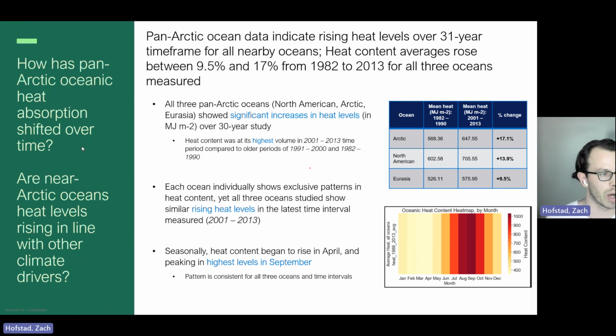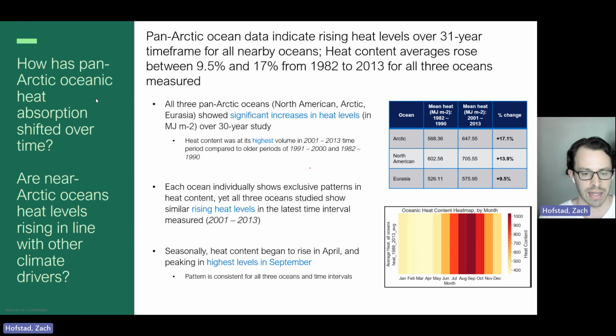We also wanted to understand how and when heat is at its highest and how the heat changes over time or doesn't change over time within the course of the year for these three oceans.